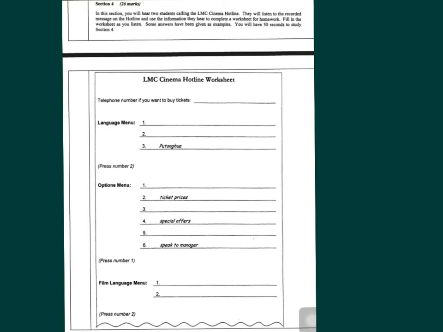Section 4. Look at pages 5 and 6 of your question-answer book. In this section, you will hear 2 students calling the LMC Cinema hotline. They will listen to the recorded message on the hotline and use the information they hear to complete a worksheet for homework. Fill in the worksheet as you listen. Some answers have been given as examples.